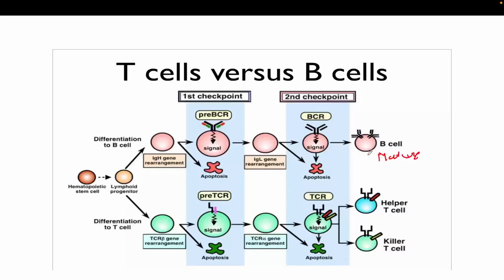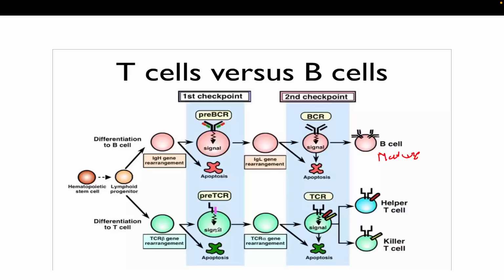And this is the differentiation to T cell. Firstly the beta chain gene rearrangement will take place, like in the case of immunoglobulin, where IgM heavy chain rearrangement takes place. Then in the pre-TCR there is the beta chain present, and CD3 is also present.